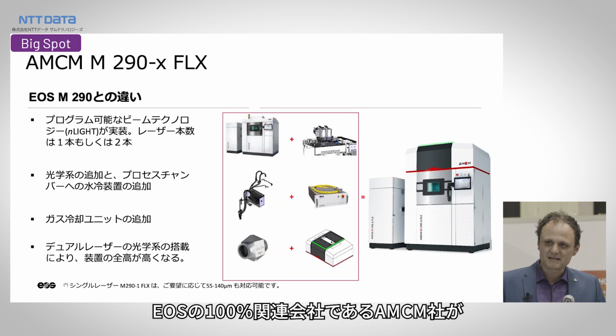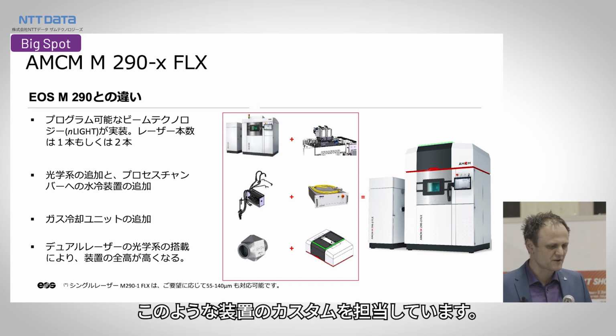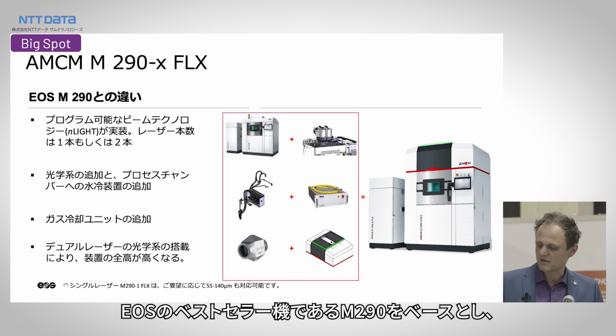Another derivative that you can get from beam shaping technology, because I initially said this is very sophisticated, difficult to handle technology, but a standard product is already out there that can be acquired from our sister company AMCM.